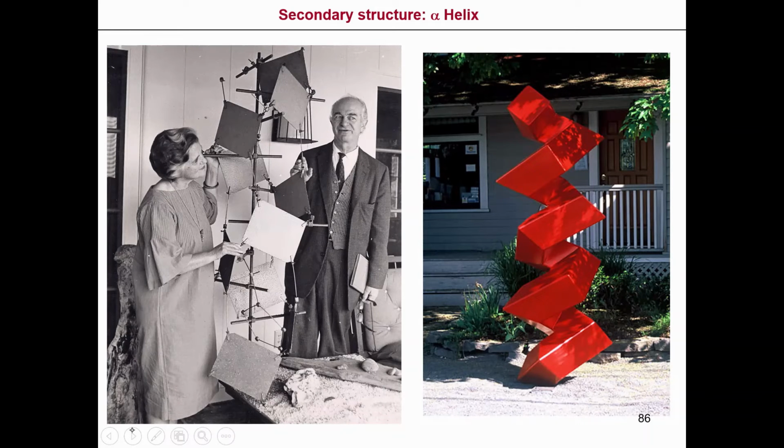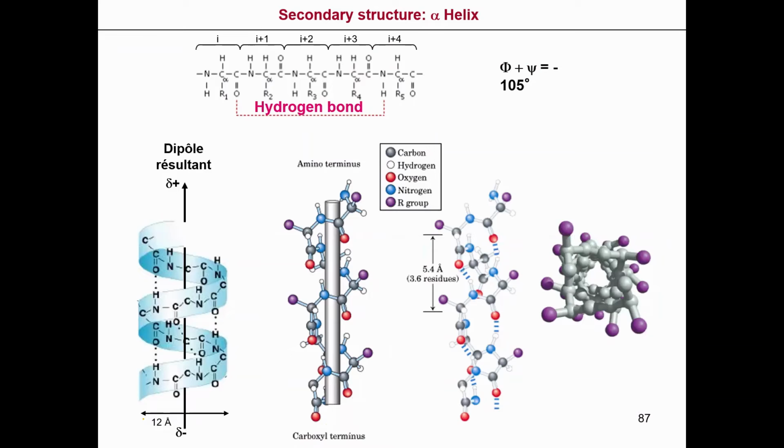It was found by Pauling, who received a Nobel Prize in chemistry in 1954. Okay, so this is the structure of the alpha helix.